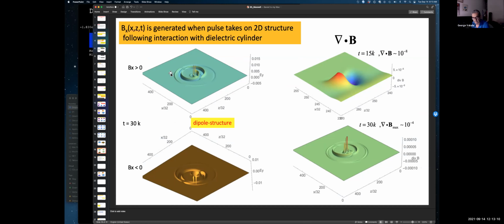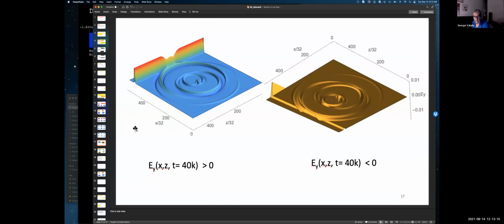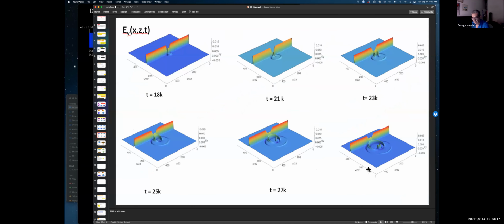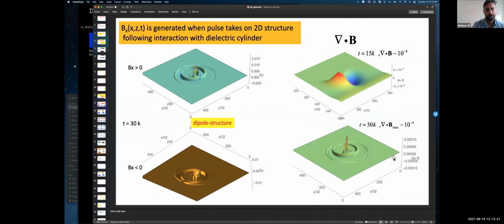So this is what the BX field looks like after, say, 30,000 iterations. And 30,000 iterations is basically this stage right here. And div B, again, it's a dipole-like structure. It's fairly low, and once you see the interactions, it's like 2 orders of magnitude below.